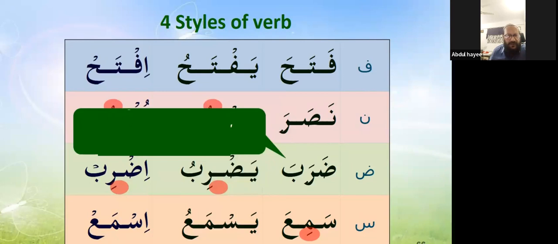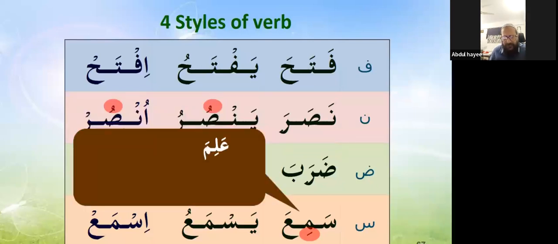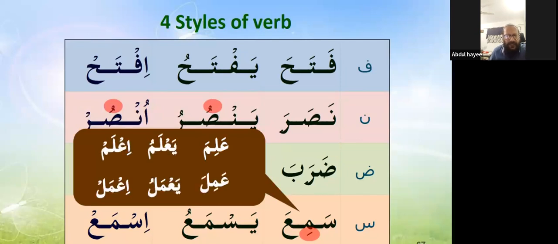We have no other word coming in QC1. For example, I can say ghafara, yaghfiru, ighfir is on the pattern of daraba. You will learn in QC3 so many other daraba words. Then, from samia, yasma'u, isma, we have alima, ya'lamu, i'lam, amila, ya'malu. So these are the 11 words which you have studied so far.